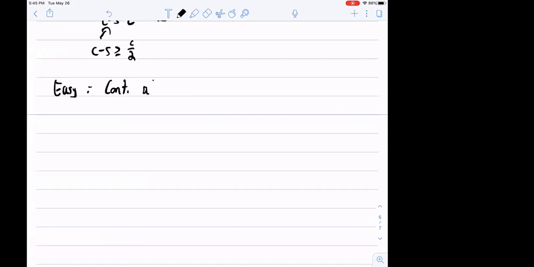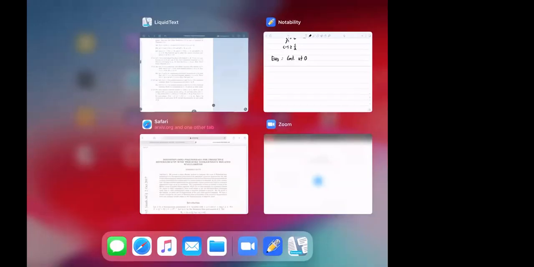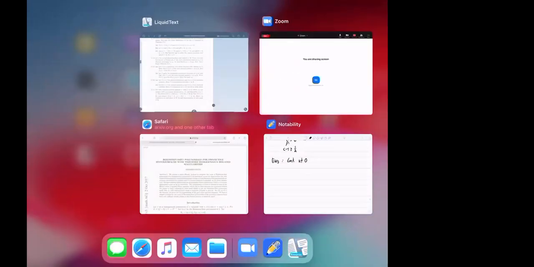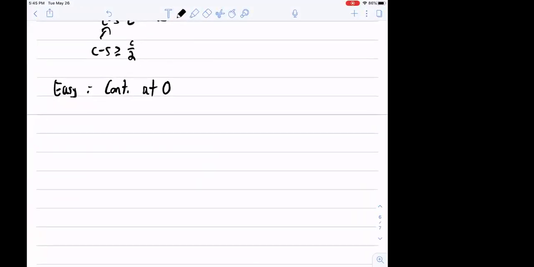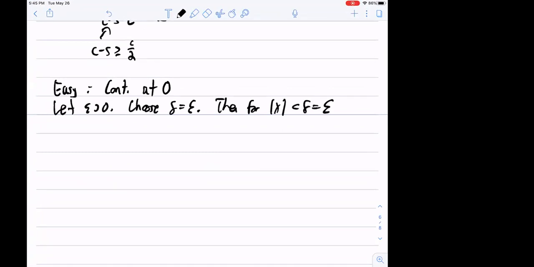And then the easy part is easy, continuous at 0. Is everyone good so far? Okay, great. So this one, let's just show directly. Let epsilon be bigger than 0. We are going to choose delta to be epsilon. Then for absolute value of x less than delta, which is epsilon, what do we have?